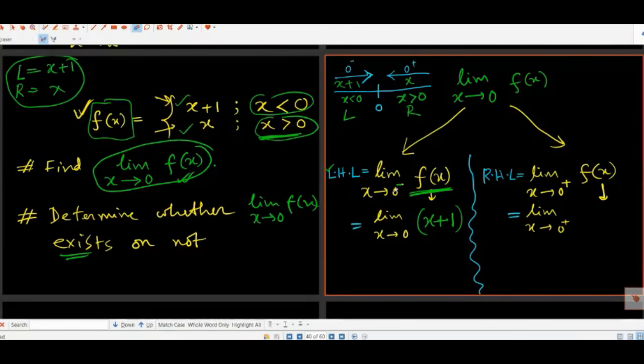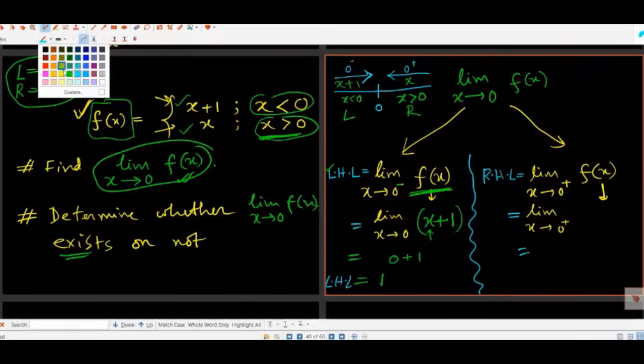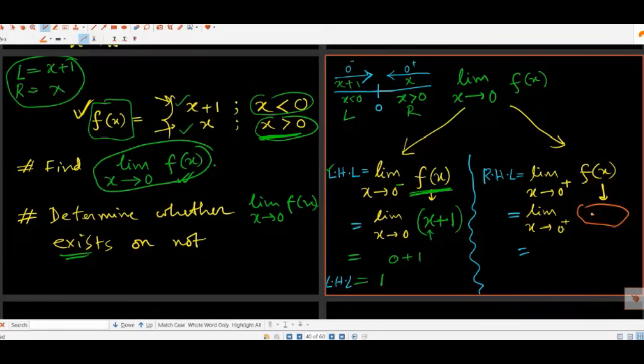Now we input 0 where we have x. So 0 plus 1 becomes 1. So the left hand limit is 1. Let's check what the right hand limit is in the same manner. Here we need to plug in the function. Which function can be placed here?